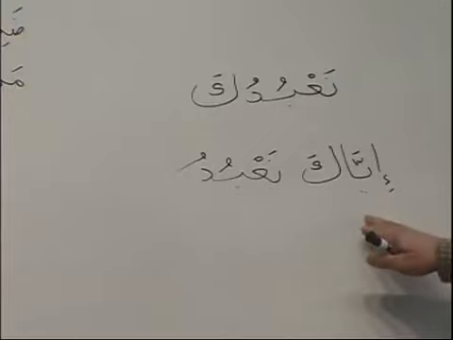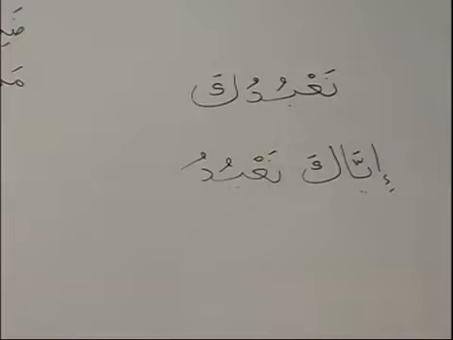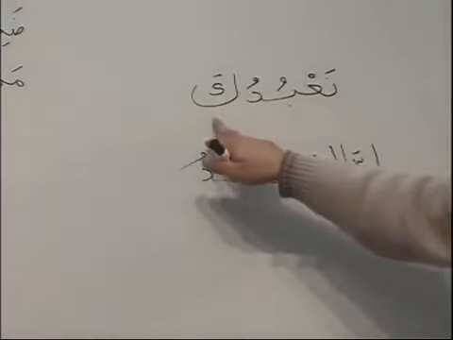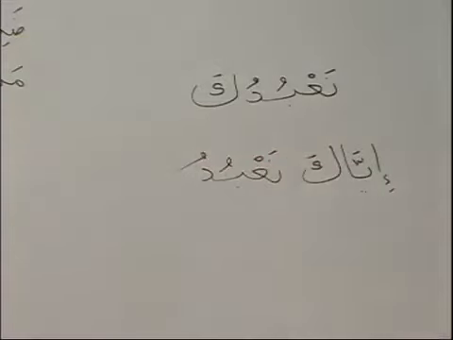Here, it can come as an emphasis: Thee alone. Because you could have easily said nabuduka. And now we change that ka, damir muttasil, into damir munfasil. Both are mansub, and we say iyaka. It came at the beginning of the verb.